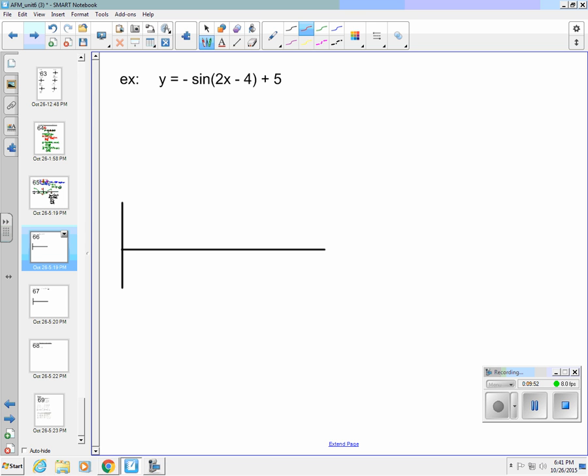So we're going to start just by listing all the transformations. The negative out front is going to be a reflection over the x-axis. At the end, we're going to have a vertical shift up 5. For the phase shift, we're going to rewrite this part right here.